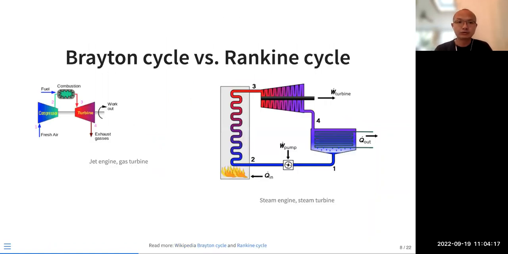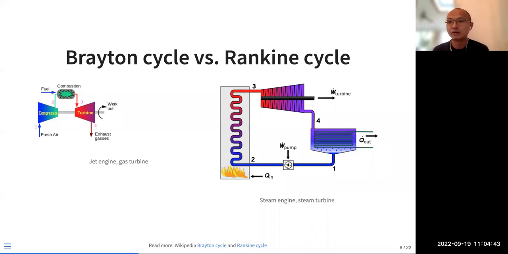So there are two fundamental cycles in designing the system. One is the Brayton cycle, and one is the Rankine cycle. The Brayton cycle is the jet engine and the gas turbine. There's no steam involved in the process.